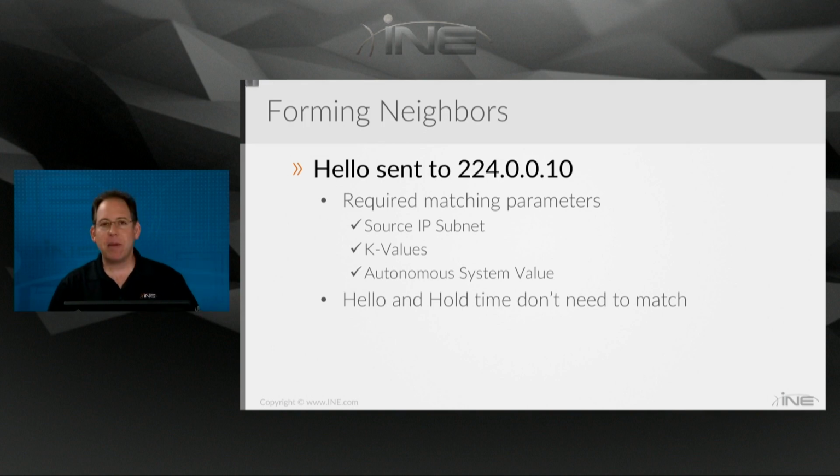The source IP subnet. So these EIGRP packets are contained in an IP header. So when I send you an EIGRP packet and I send it to 224.0.0.10, I'm going to use my source IP address as the source, obviously. So let's say that there was some misconfiguration between the two of us, and I was 1.1.1.1 and you were 11.11.11.11.